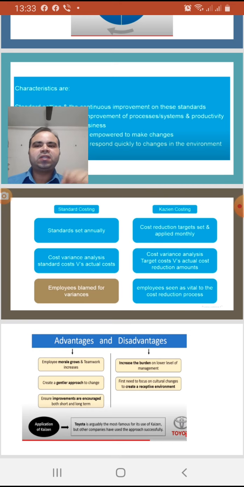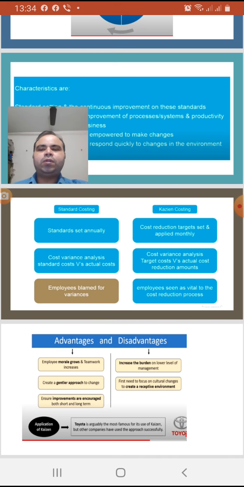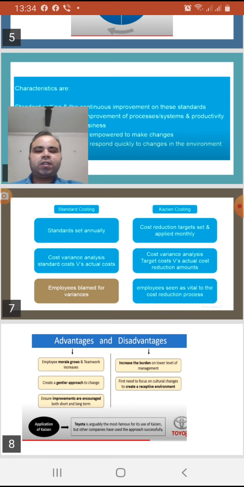But in Kaizen costing system, we do target versus actual cost reduction amounts in the month. So there is a fundamental difference. Then third is employees. In standard costing system, employees are blamed for all variances. But in Kaizen costing, employees are seen as vital to the cost reduction process.